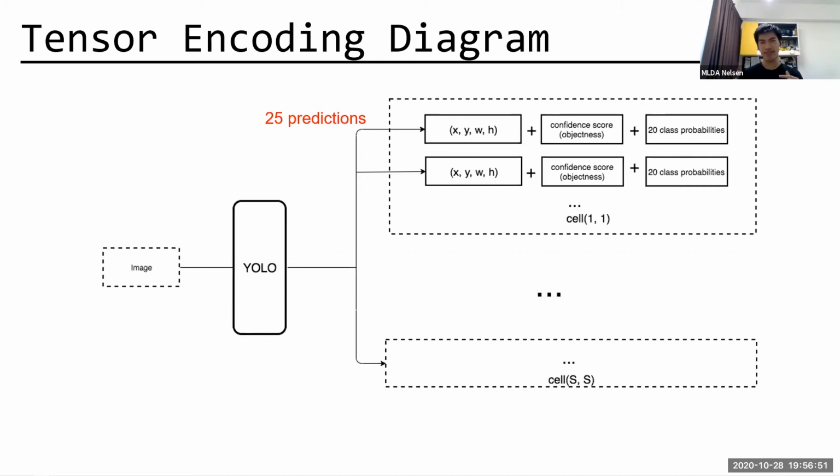So that's the main difference. So last time, for one grid, they only have one class probability consisting of the 20 classes. For this YOLO version 2, one specific bounding box has 25 different predictions. So for 5 different bounding boxes, we have 125 different predictions.